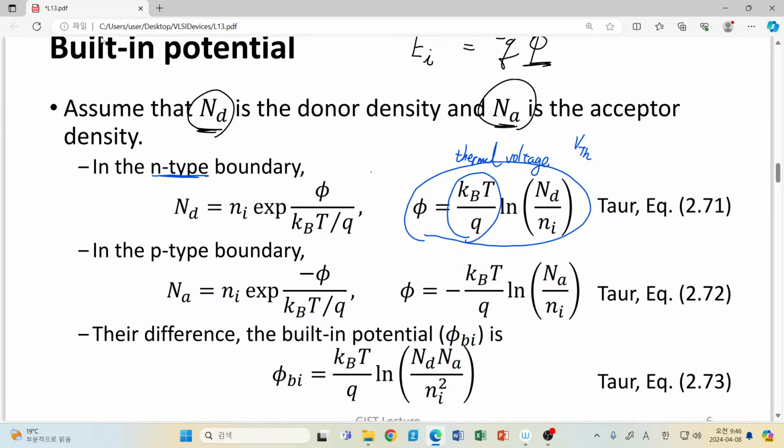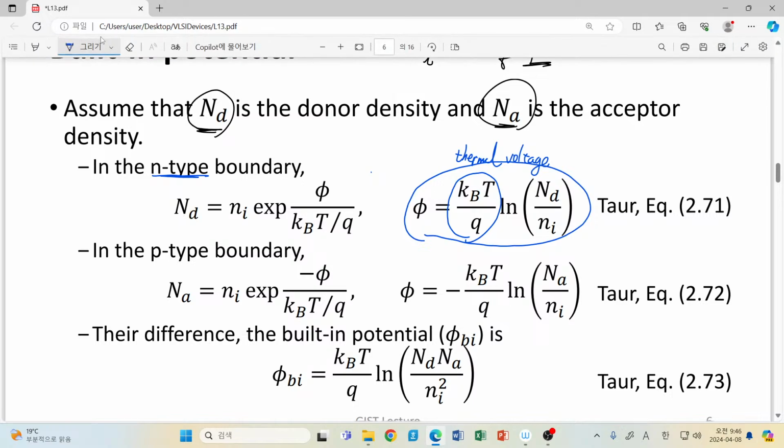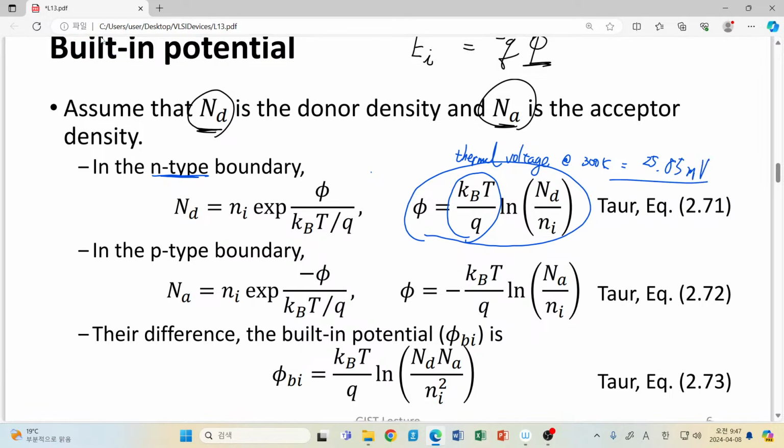But in order to eliminate confusion with threshold voltage, I will try to keep this symbol as exact as possible. And here we have a thermal voltage, and that is obviously a positive number. So please try to remember the value of the thermal voltage at 300 Kelvin. What was the value? You must remember the value: 25.85 millivolt. At least you must remember the value at 300 Kelvin.